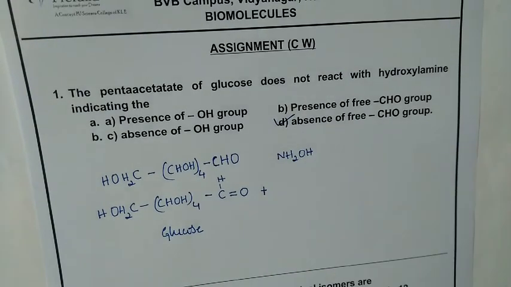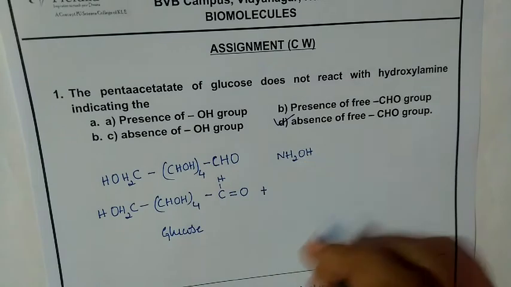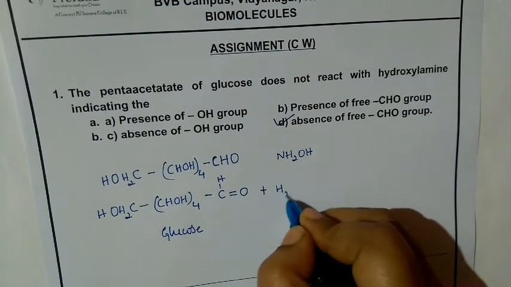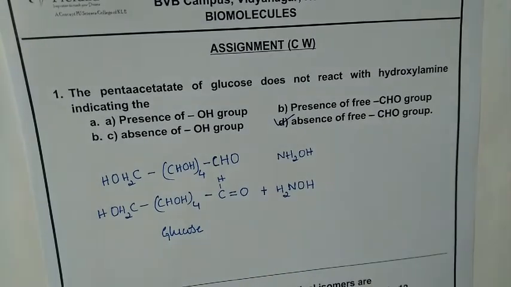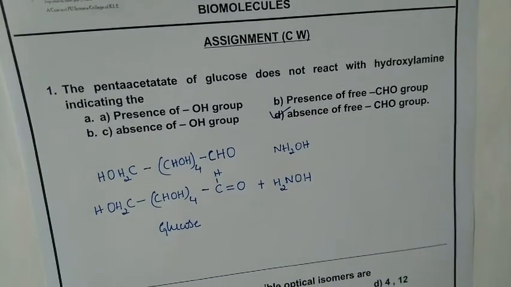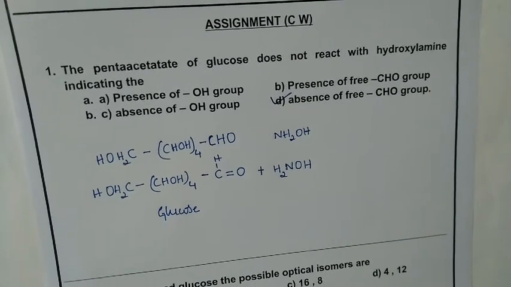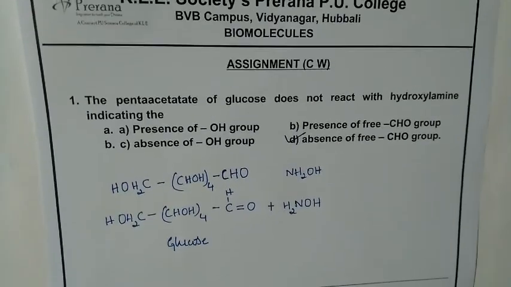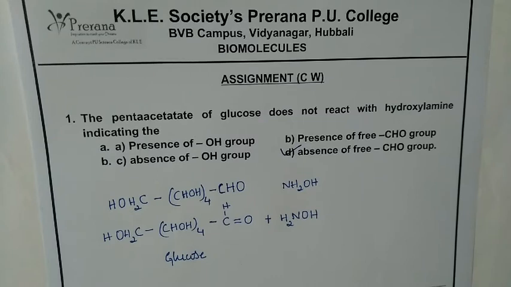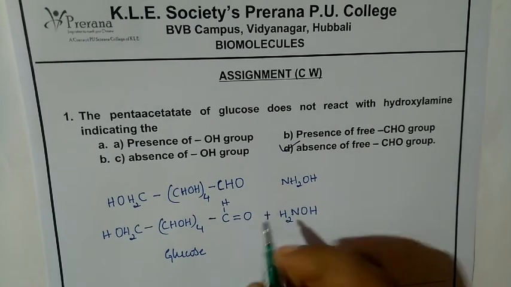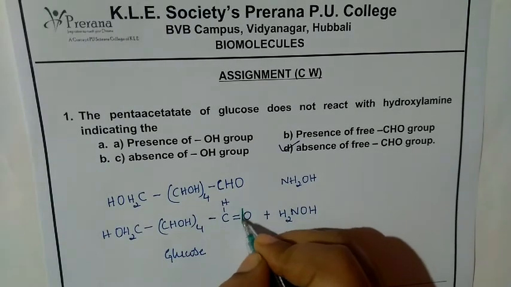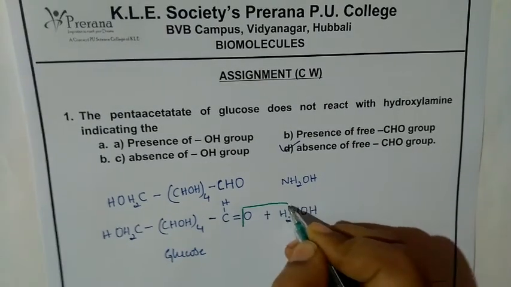I am writing it in this form to remember the reaction properly, so it is given in a simplified manner like this. The reaction is happening between glucose and hydroxylamine.